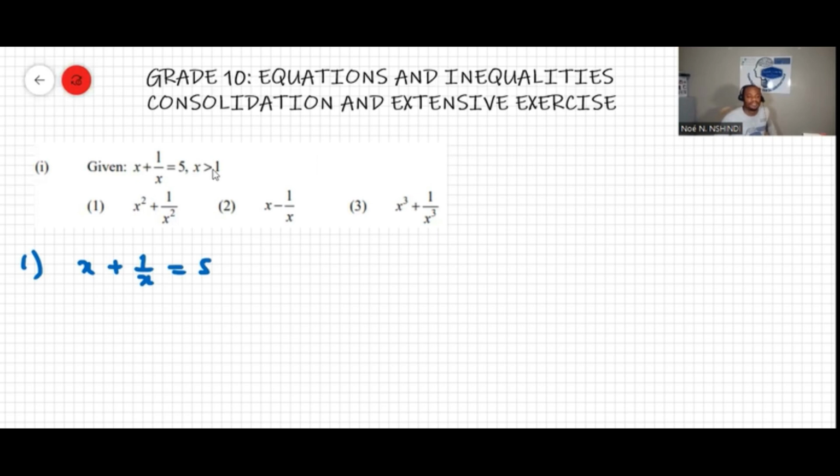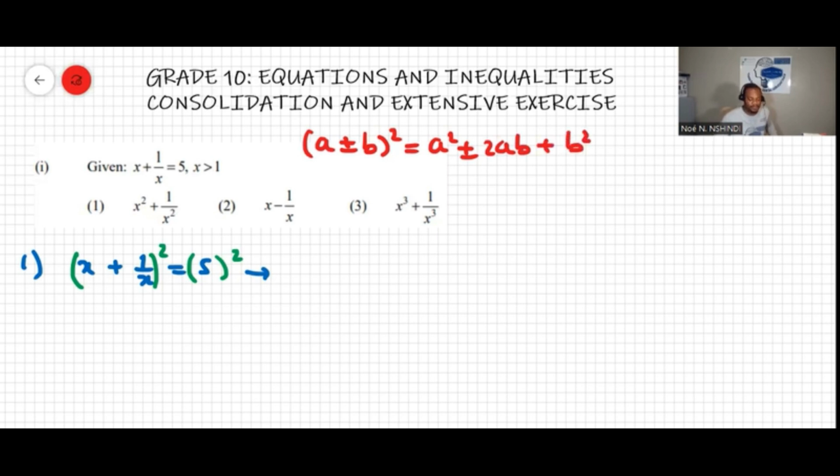Now, if we raise this to the power of 2, both sides to the power of 2, the property says that when you have a plus minus b to the power of 2, this is a squared plus minus 2ab plus b squared. So in this case, my a here is x, and then my b is 1 over x.